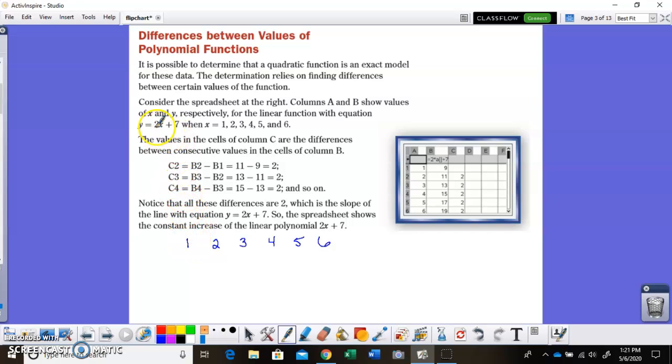So if I substitute in the 1, I get 2 times 1, which is 2, plus 7, which is 9. If I substitute in the number 2, I've got 4 plus 7, which is 11. And I can keep going, and I will have 13 and 15 and 17 and 19. So this was my x value, and this was my y value, in my table here.